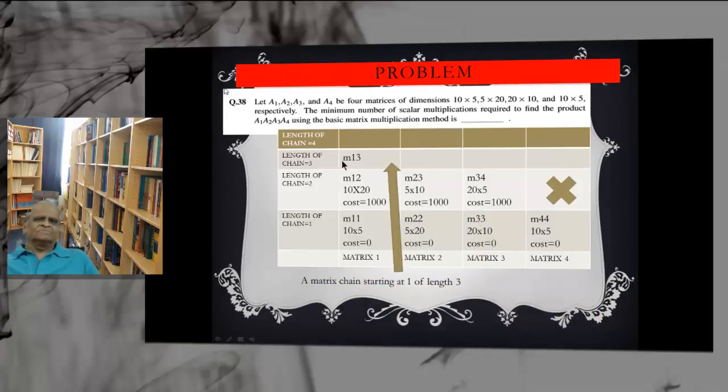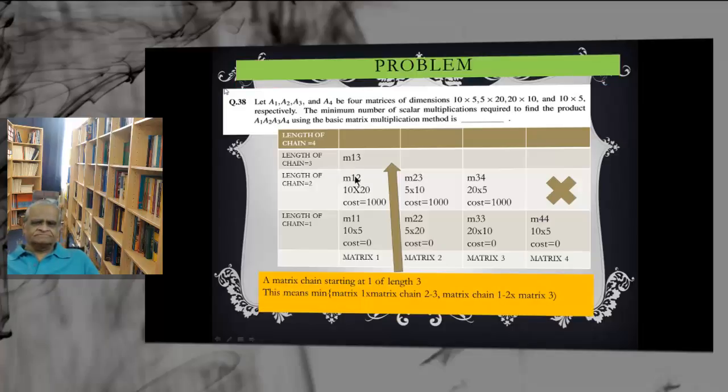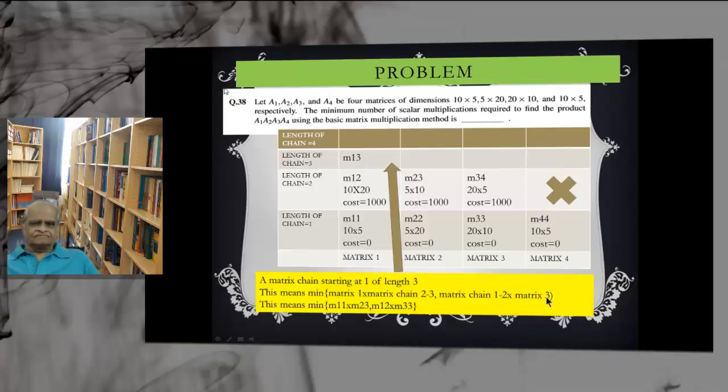Now a matrix chain of length 3, starting at 1. That means we can either have the chain starting at 1 of length 1 multiplied by the chain starting at 2 of length 2, that is matrix M11 times M23, or the chain starting at 1 of length 2 multiplied by the chain starting at 3 of length 1.